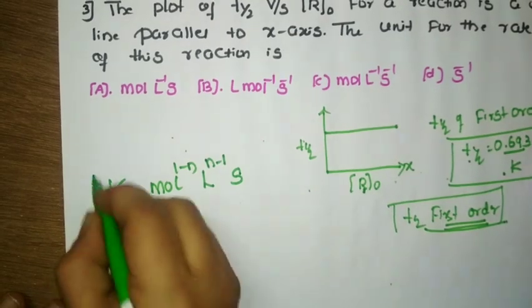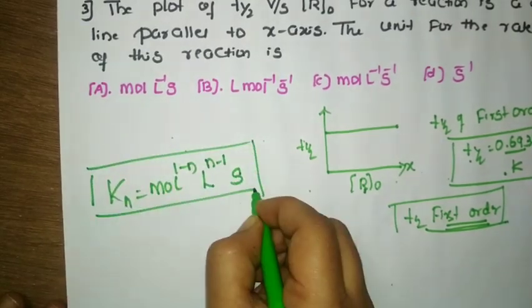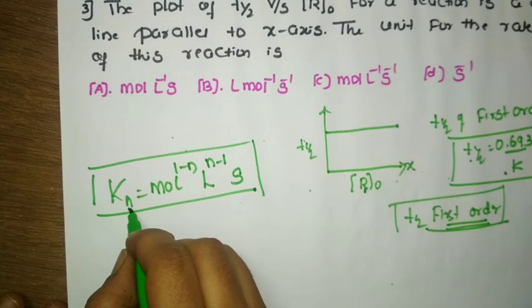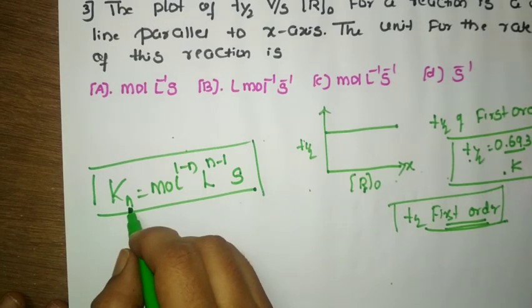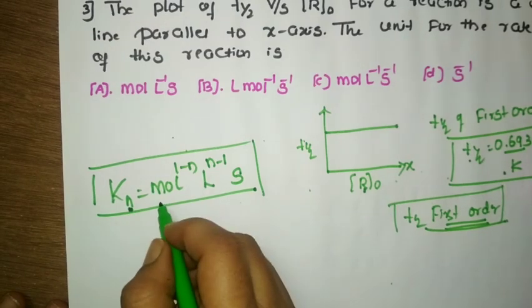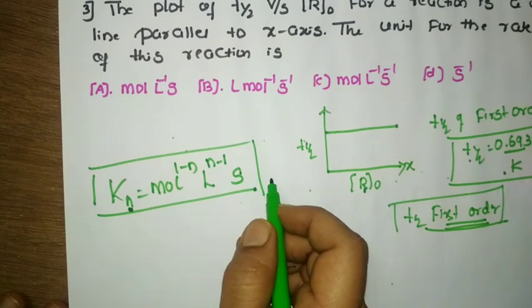So this is a standard formula you have to remember, students. n means the order of a reaction. If I substitute the n value, I'm going to get the unit for each order of a reaction.